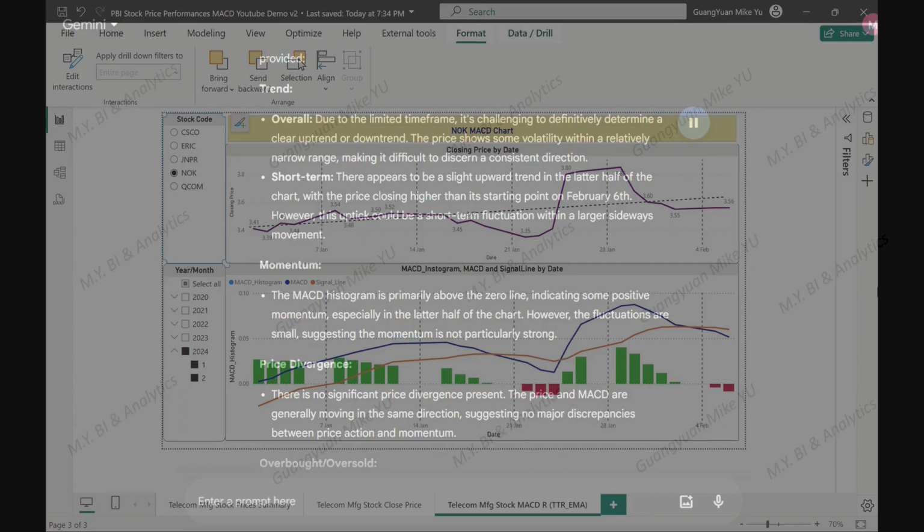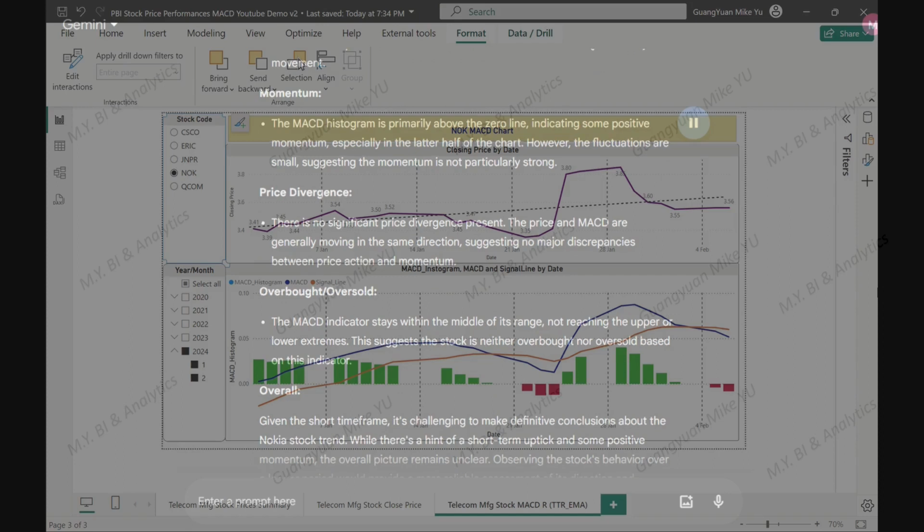The price shows some volatility within a relatively narrow range, making it difficult to discern a consistent direction. Short term, there appears to be a slight upward trend in the latter half of the chart, with the price closing higher than its starting point on February 6. However, this uptick could be a short-term fluctuation within a larger sideways movement.